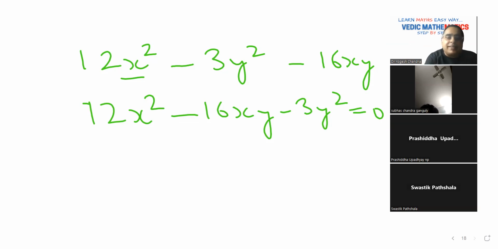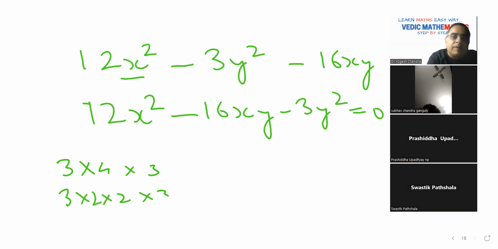So the product is 3 times 12, that is 36, and I want 16. But let me break it here. So 16, how will I get 16? Yes.